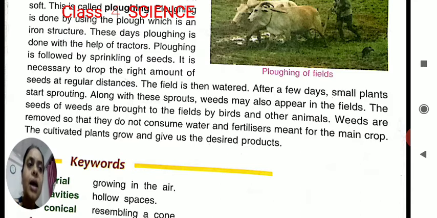So weeds are unwanted plants, and they also soak water, as well as take minerals which are given there for the main cultivated crop. That's why these weeds must be rooted out from the field, because they disturb the growth of the main cultivated plants.